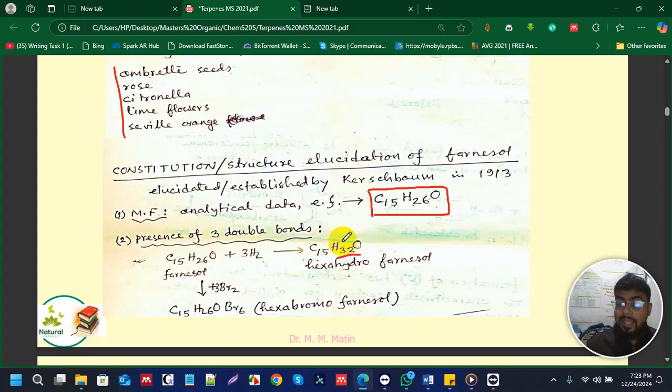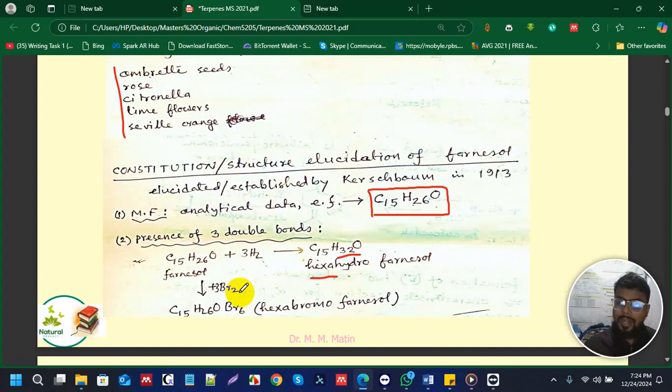Since 6 hydrogens are added to farnesol, we can say that hexahydrofarnesol will be produced, because 6 hydrogen atoms are attached to this farnesol molecule. Similarly, we can prove the existence of three double bonds by means of bromination.